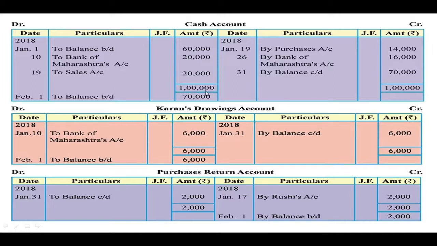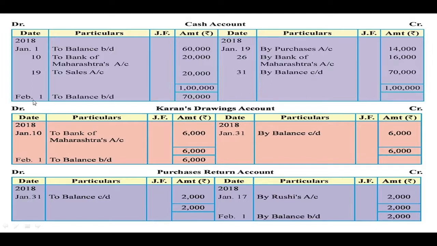From this rupees 1 lakh, we have to subtract these two amounts, 14,000 and 16,000. So the difference is rupees 70,000, which is the closing balance, and the date for the closing balance is 31st January.